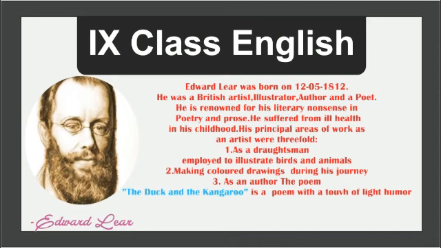His principal areas of work as an artist were threefold. Let us see what those three things are. As a draftsman, which is nothing but a skilled artist, he was employed to illustrate birds and animals. Illustrate means to show examples of birds and animals.